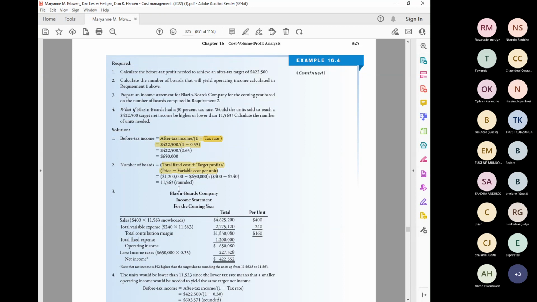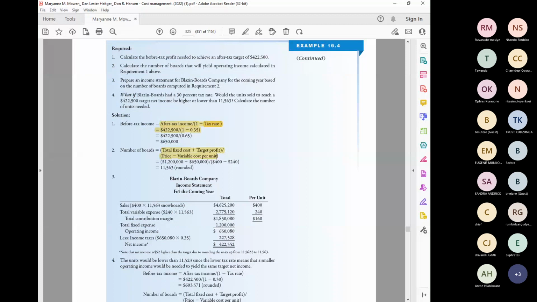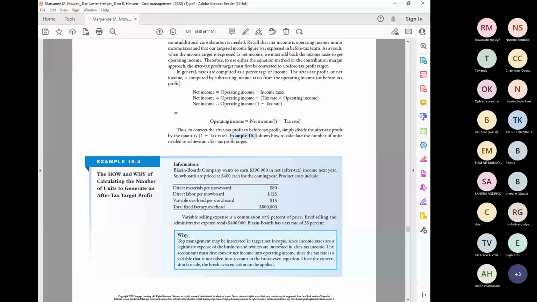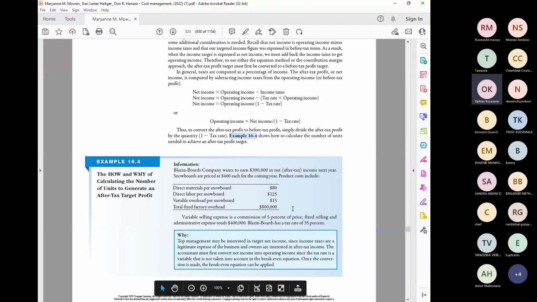Can you tell us where we find 1,200,000? That's the fixed cost. They're given. Our total fixed cost is 800,000 plus 400,000 from administrative expense totals, which gives 1,200,000.